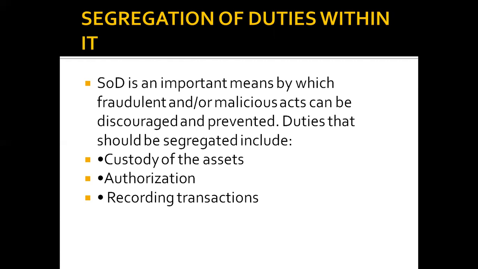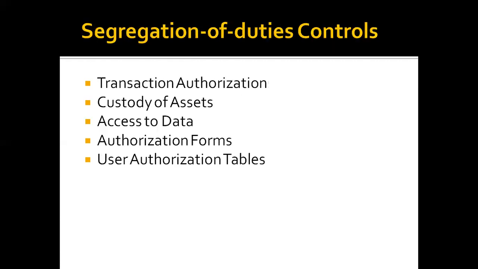And of course, when such happens, it will have serious consequences for the organization. So segregation of duties controls, for example, you have transaction authorization. I've talked about data ownership and asset ownership. We need to have this organogram for approving transactions, for approving operations, for approving IT changes, for approving configuration changes.